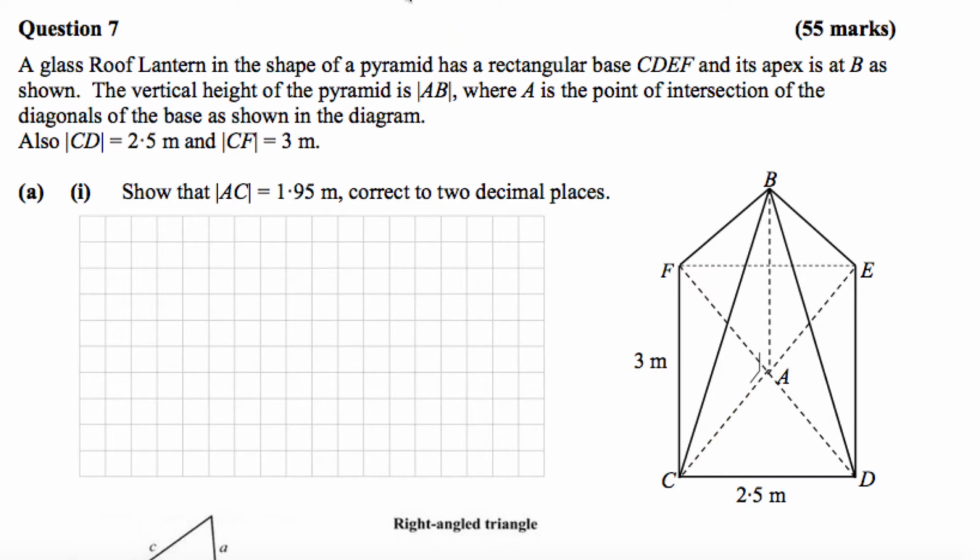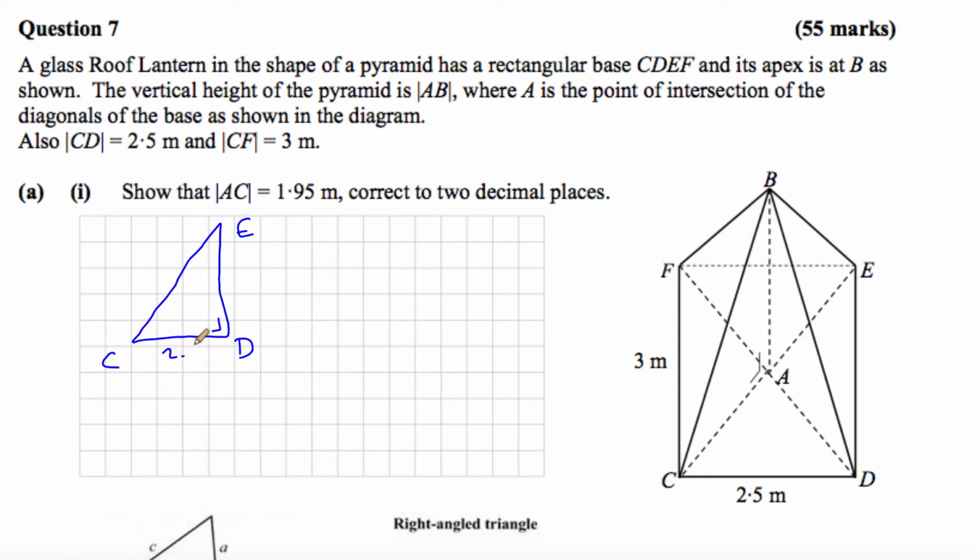Now, what we can draw is the triangle CDE. If we imagine that triangle there, CDE, like so. I'm redrawing that triangle. Well, I know that's a right angle down there because it's a rectangular base.